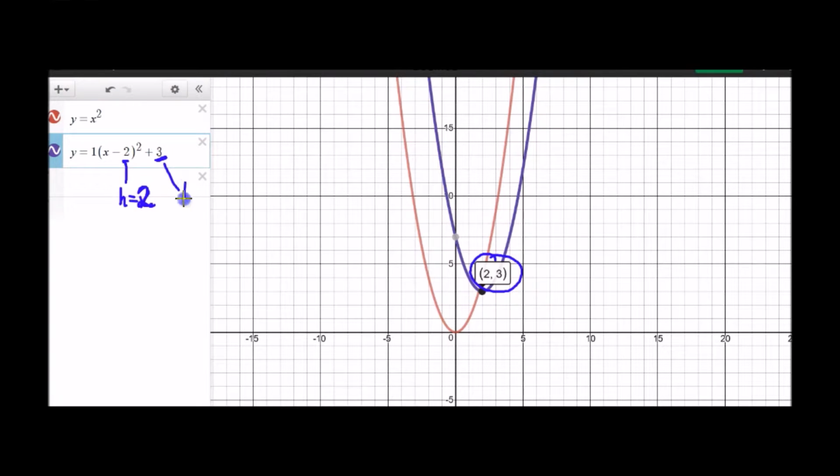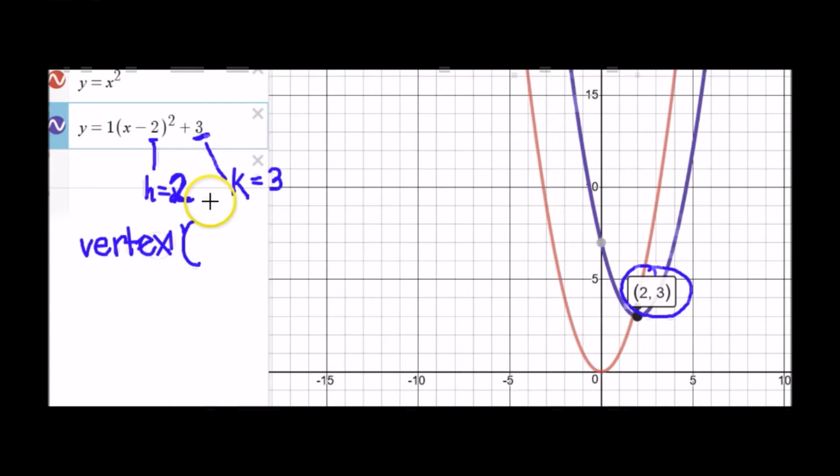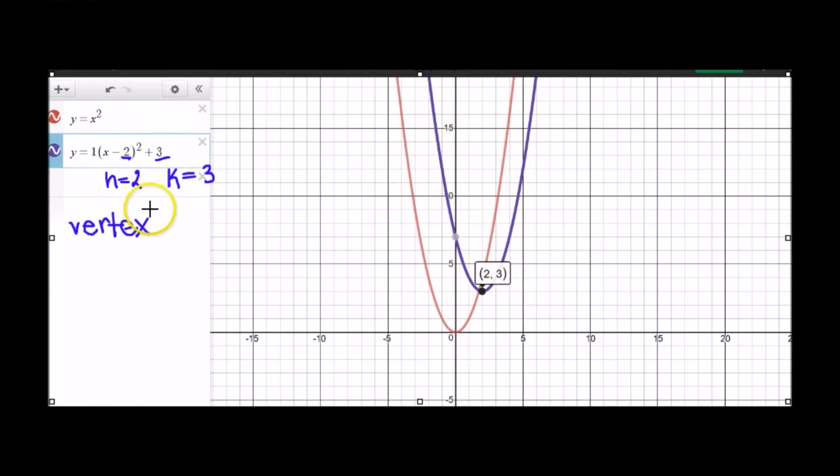And this is, in essence, why this is called vertex form, because my vertex is always, always, always going to be at (h, k). So that means when you look at a vertex form equation, you can always find the vertex right away by looking at it. This is why this form is so incredibly powerful.